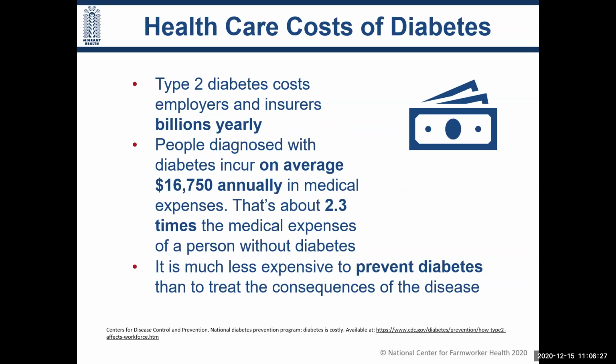And so we know that it's less expensive to prevent diabetes than to treat diabetes. In addition, because diabetes is associated with complications, by preventing diabetes we also reduce the costs associated with caring for those consequences of the disease.